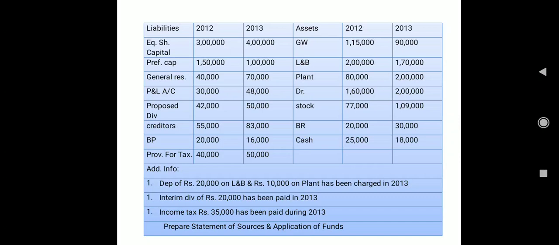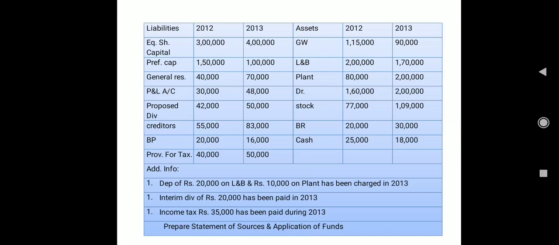Nowhere else are these items repeated, not in fund from operation or the fund flow statement.